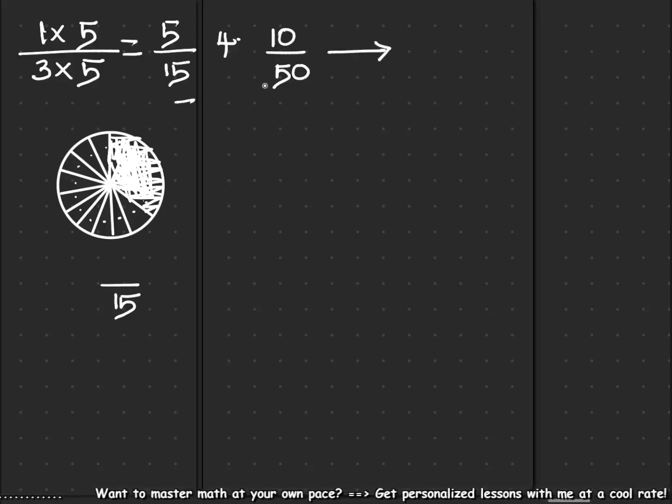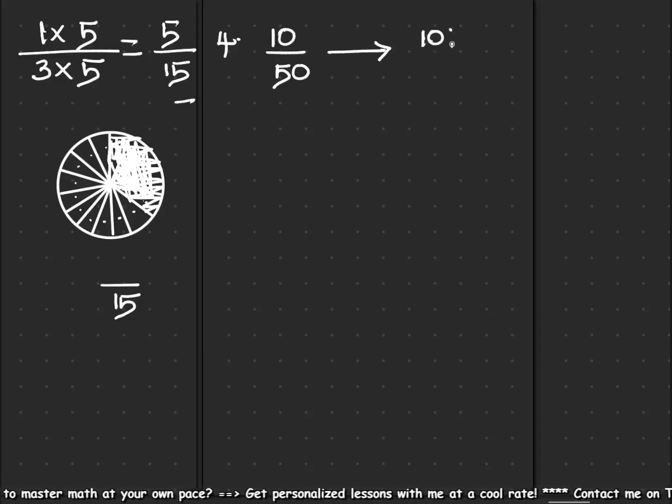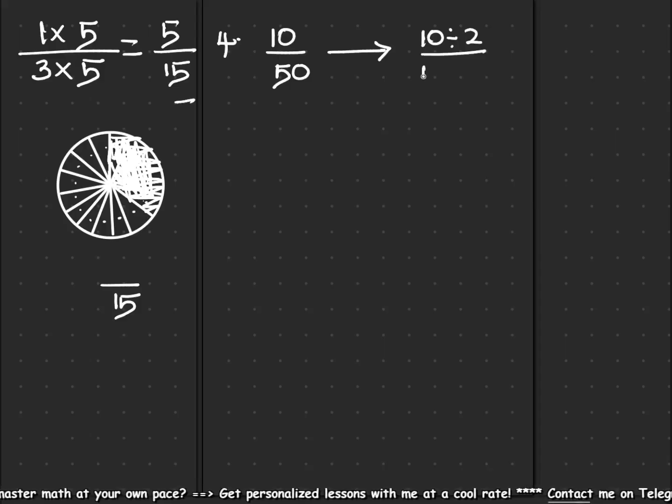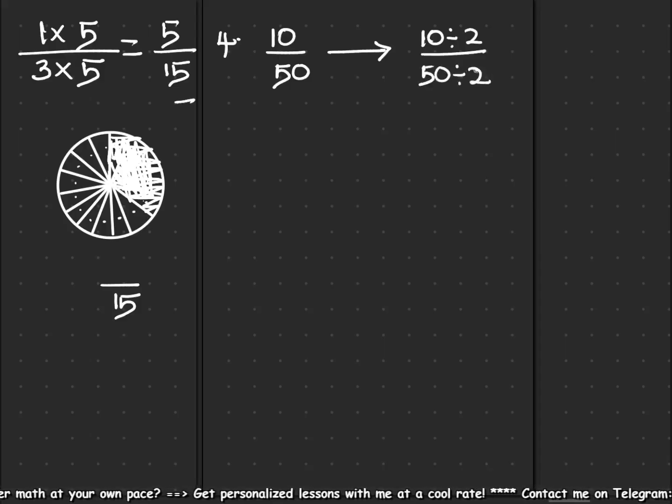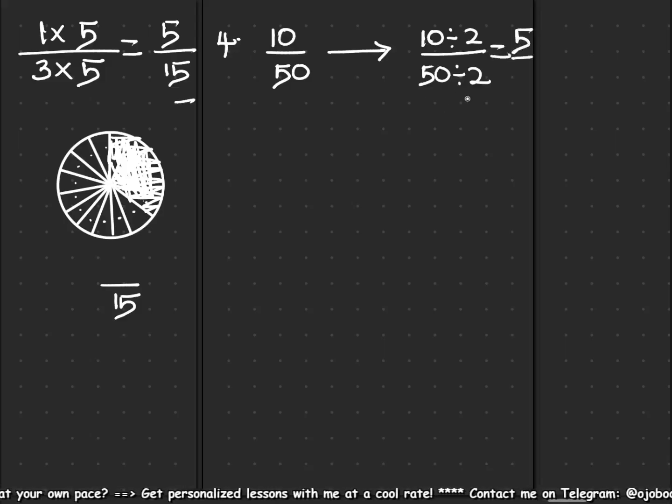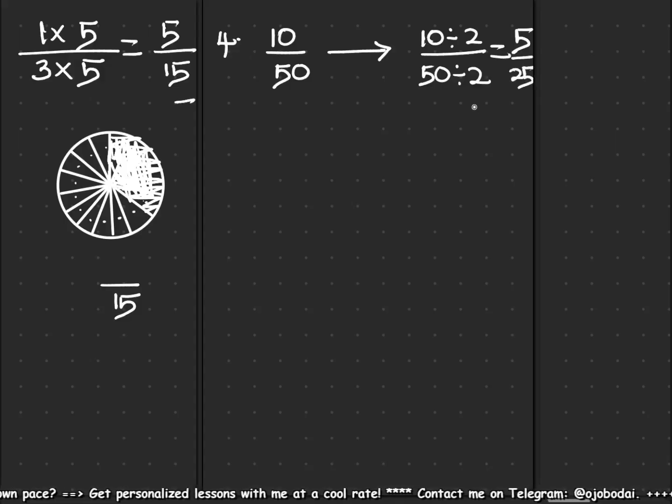So for the very first one, let's divide. So you can choose to divide by 2. If we are dividing by 2, you should divide both numerator and denominator by 2. That is 10 divided by 2 over 50 divided by 2. And 10 divided by 2 gives us a 5, whereas 50 divided by 2 gives us a 25. So we can say 10 over 50 is equivalent to 5 over 25.